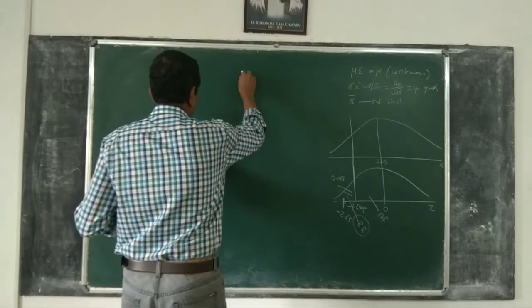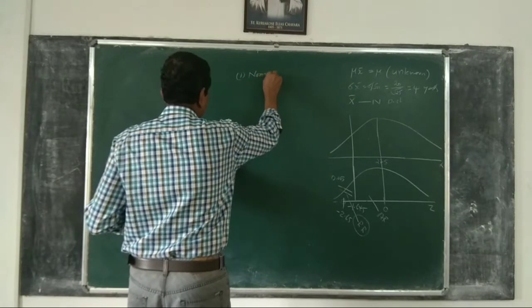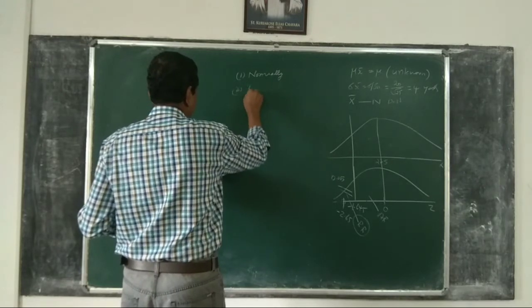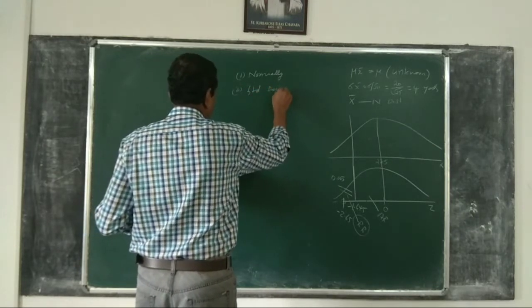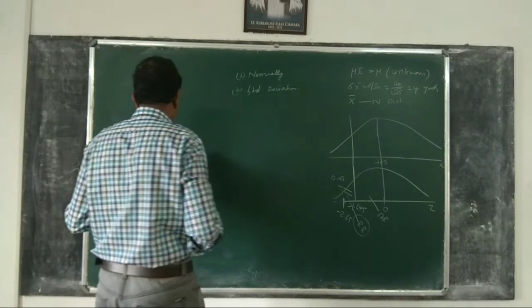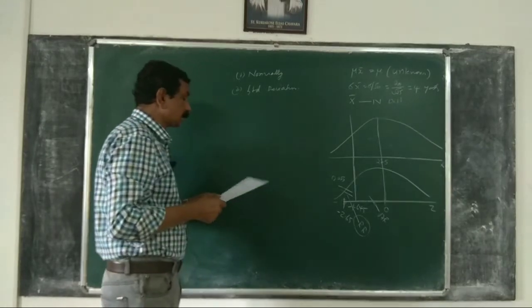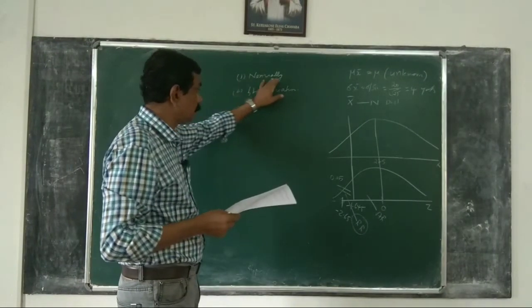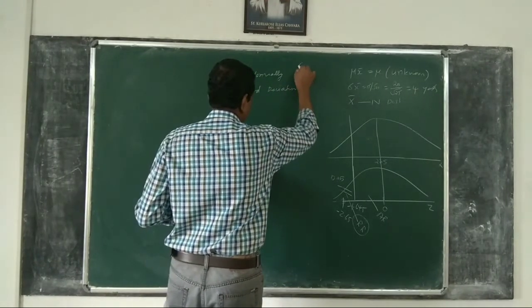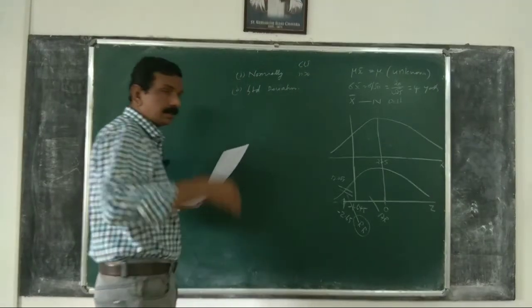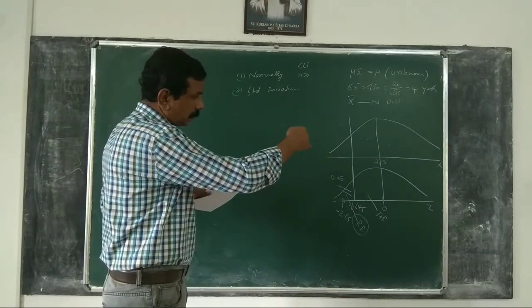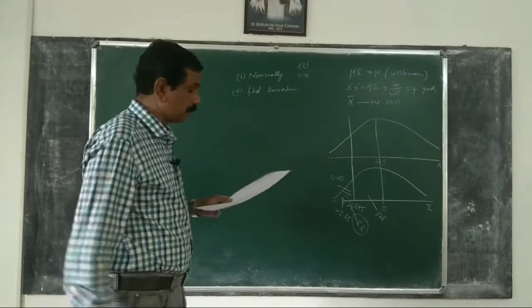We assume that the variable under consideration is normally distributed. We assume that the population standard deviation is known. Also remember this: even if the population is not normally distributed, if the sample size is greater than 30, using the central limit theorem, you can again use the fact that the sampling distribution is normal.